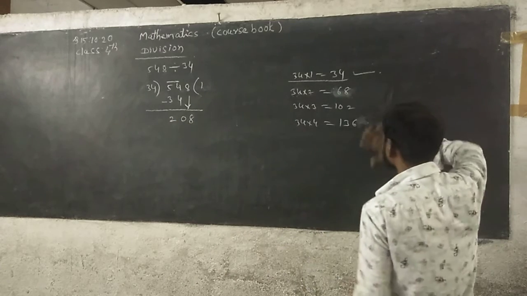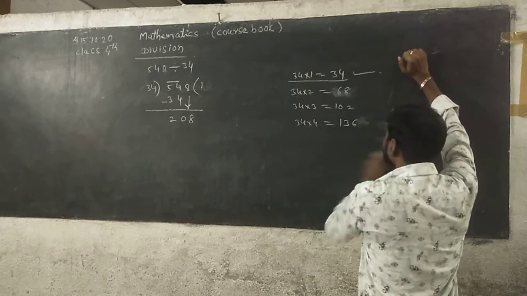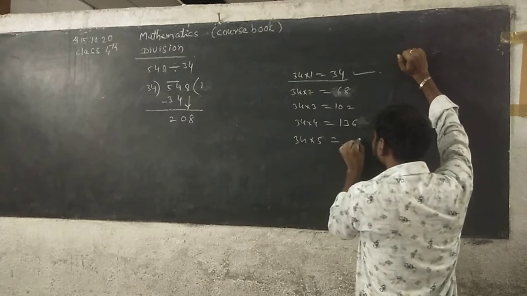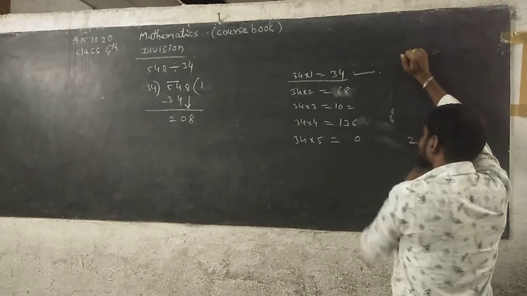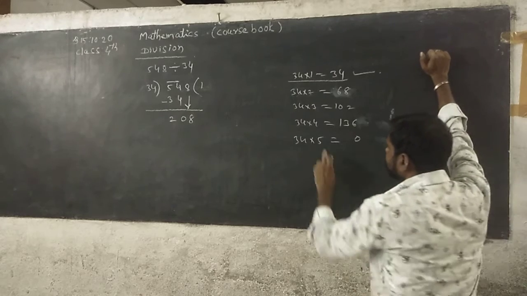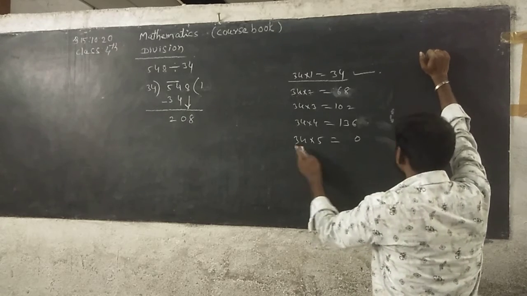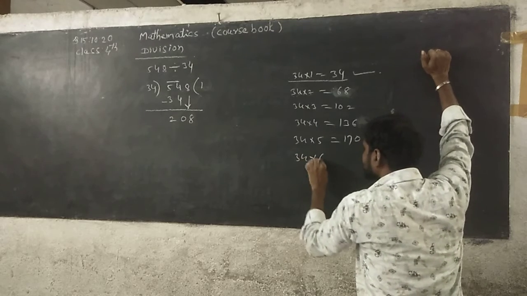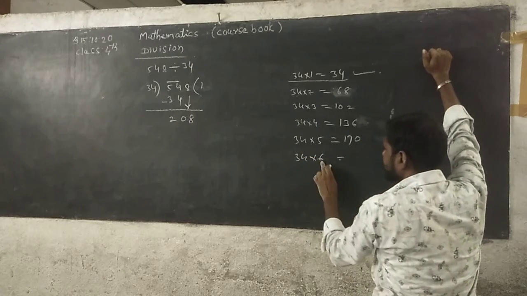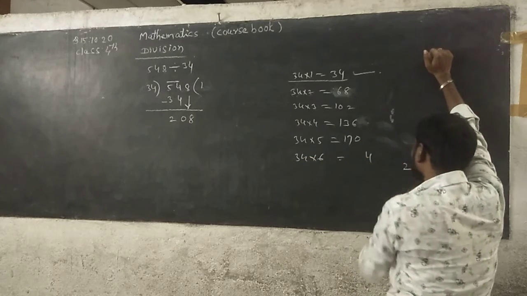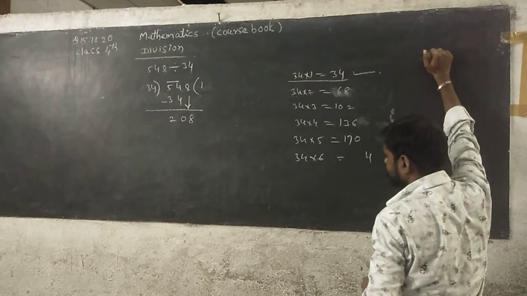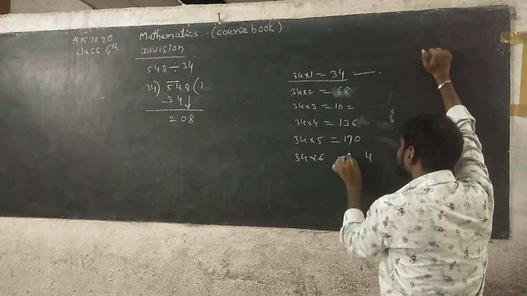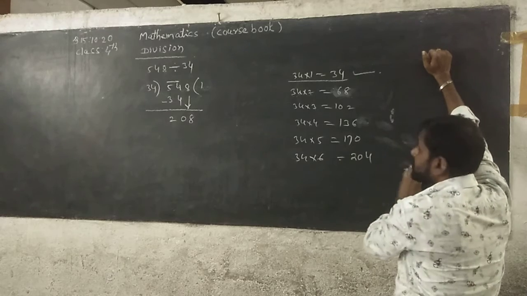Now here, 34 4s are 136. 34 5s are, 5 4s are 20, 0 taking carrying 2, 5 3s are 15, 15 plus 2, 17. Next 34 6s are, 6 4s are 24, 4 taking carrying 2, 6 3s are 18, 18 plus 2, 20, 204.